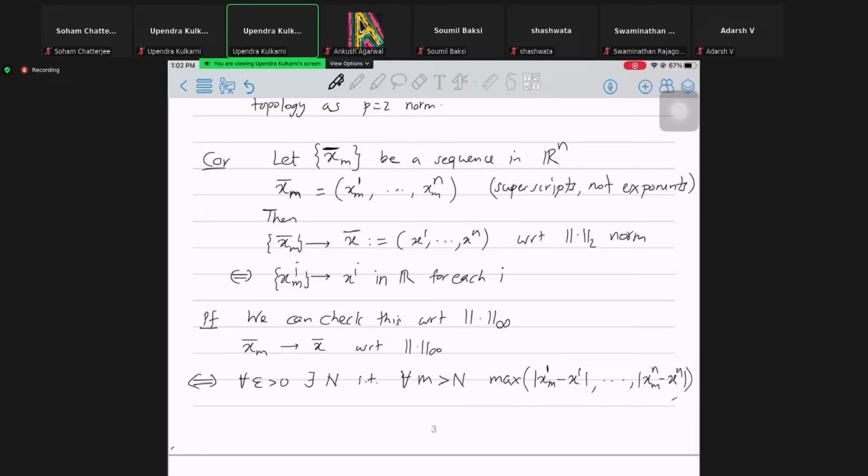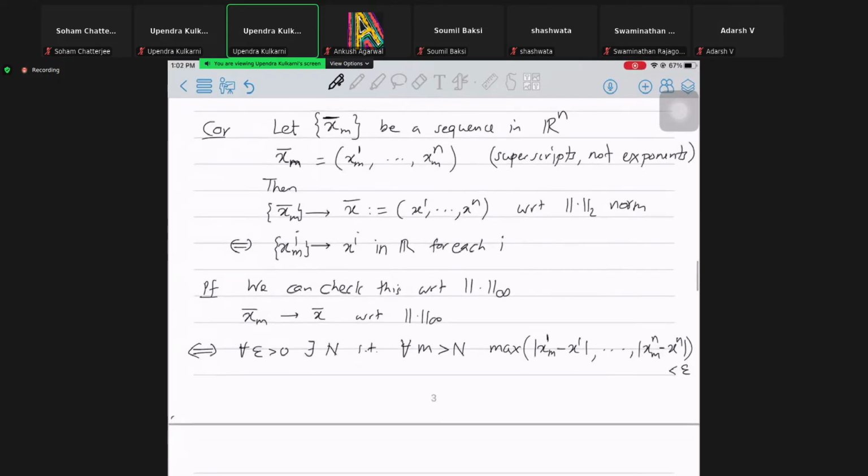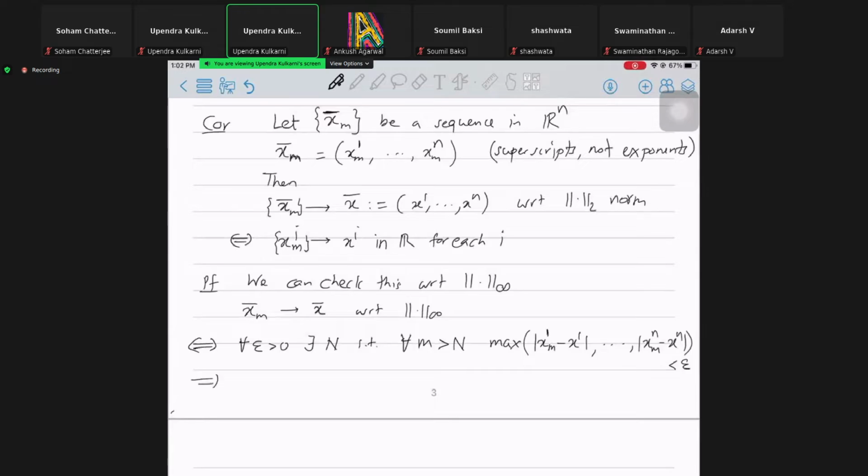So this is less than epsilon, right? But that's really saying exactly the same thing as all this.